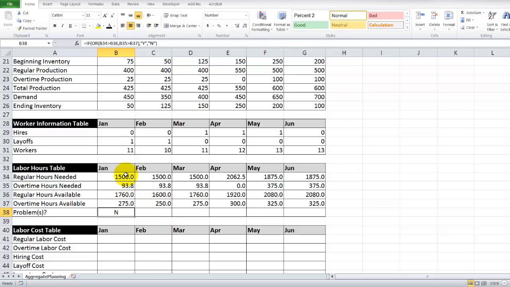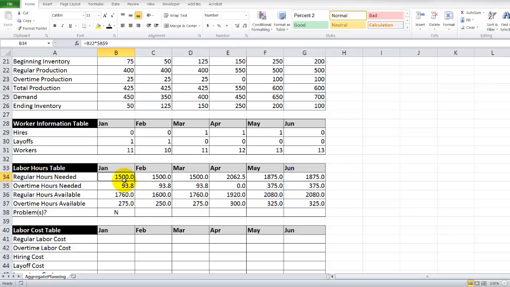We could actually utilize conditional formatting, which is always a good idea, I think, in these more complicated planning problems. Why don't we say that we're going to highlight situations in the needed where we have a problem.